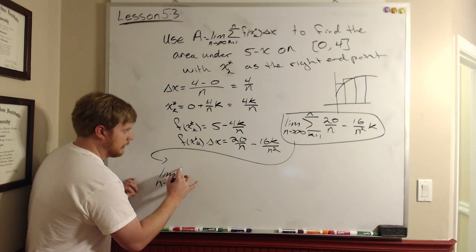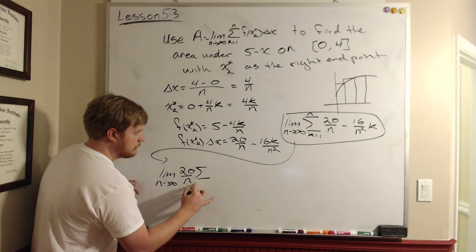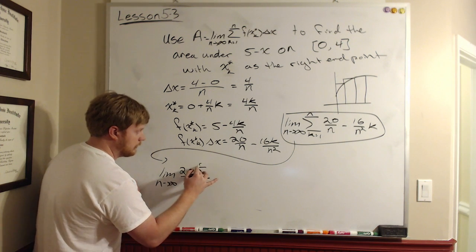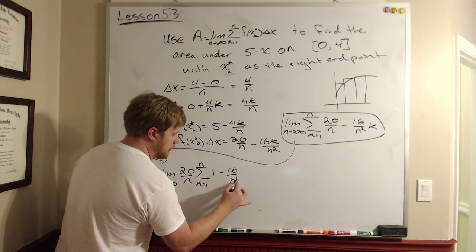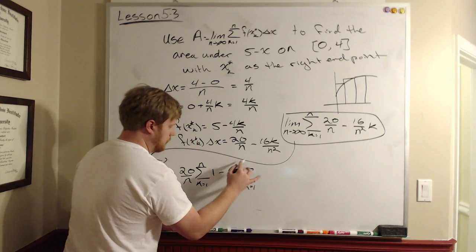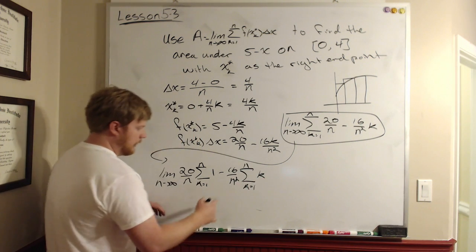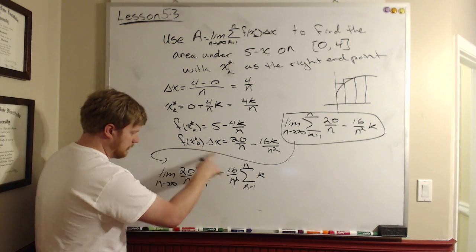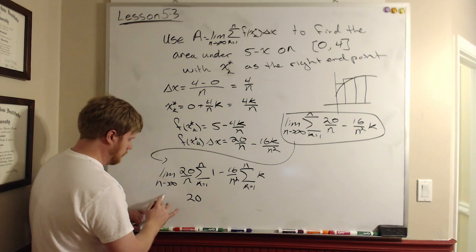So we have 20 over n, the sum as k equals 1 to n of 1, minus 16 over n squared, the sum as k equals 1 to n of k. And we know that the first sum is equal to n, so I get 20 over n times n, or just 20.